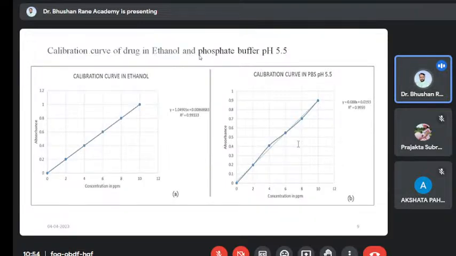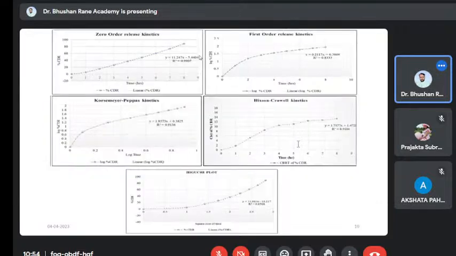Next, the plot of calibration curves in both solvents: one is ethanol and the other is phosphate buffer solution pH 5.5. By using this, when you subject your formulation to dissolution or diffusion studies, at what rate the drug dissolves or diffuses, and which kinetic mechanism it follows, is to be predicted.